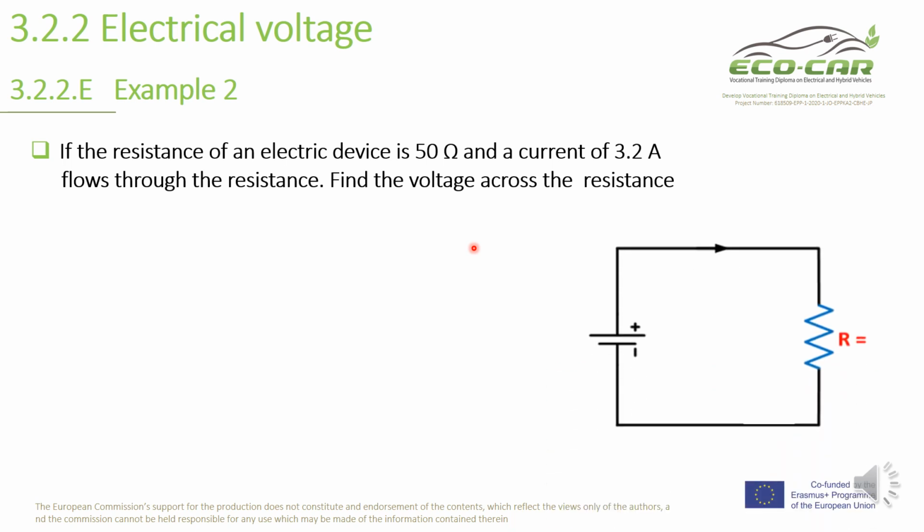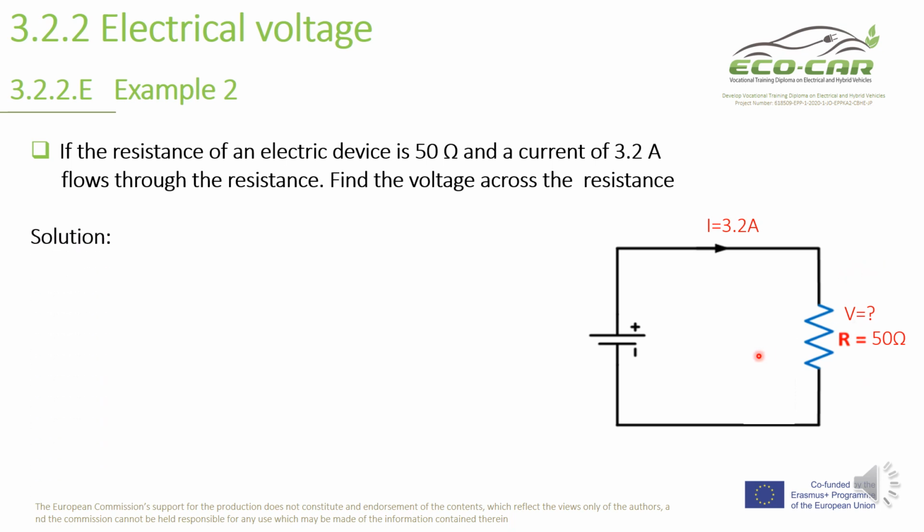So this is the circuit. We have here 50 ohm and a current of 3.2 ampere. So what is the voltage across the resistance?